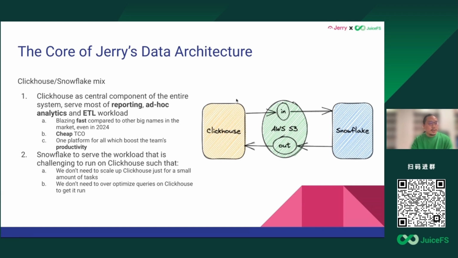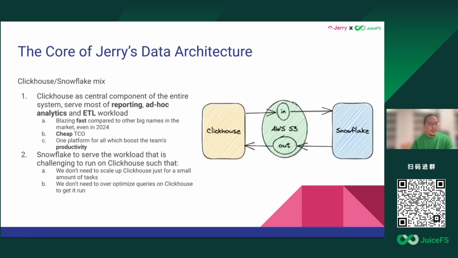Firstly, the central aspect of our data architecture is the portion that caters to the queries of all users, correct? Jerry is constructed on a primary ClickHouse architecture with Snowflake serving as a secondary element. The purpose of having this slide is to be prepared in case you have questions later. Upon reviewing it, you may ponder, what if ClickHouse is unable to calculate?